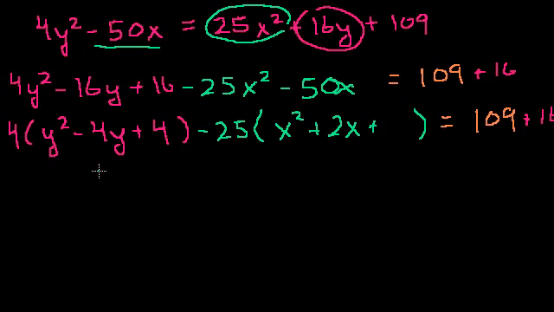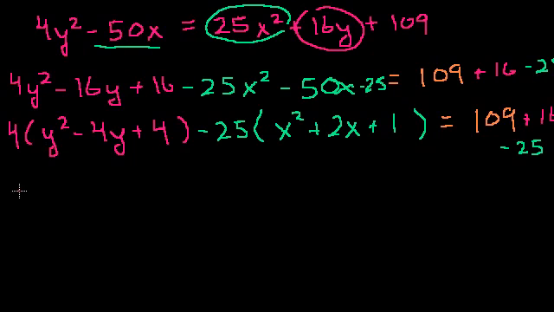Likewise, if we take half of this number here, half of 2 is 1. 1 squared is 1. We didn't add a 1 to the left-hand side of the equation. We added a 1 times minus 25. So you want to put a minus 25 here, and likewise you do a minus 25 over here. Now what does this become?